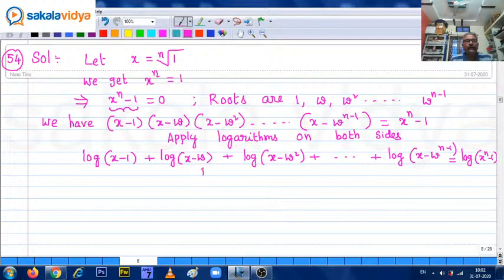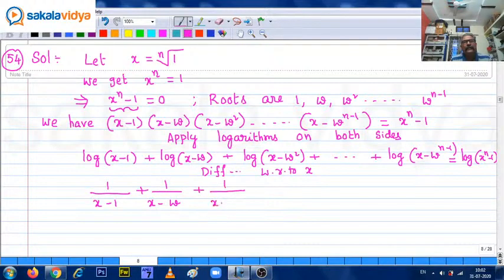Now differentiate with respect to x on both sides. Differentiation of log of x minus 1 is 1 upon x minus 1. Plus, the differentiation of log of x minus omega is 1 upon x minus omega, plus 1 upon x minus omega square, plus so on.